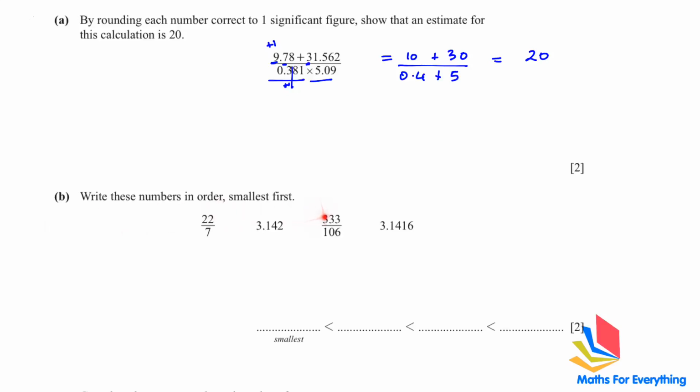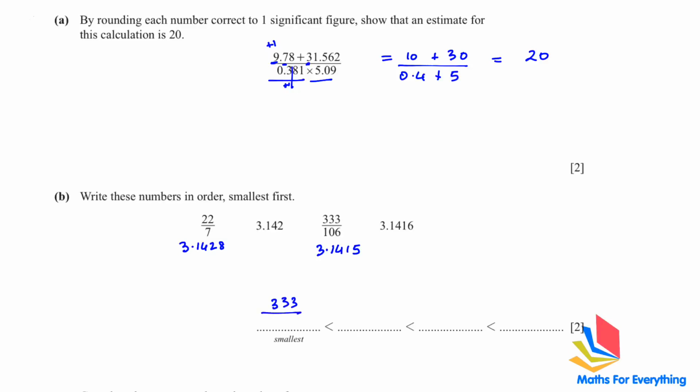Next, write these numbers in order, smallest first. In a question like this, turn everything into a decimal and then compare the decimals. So these are the decimal forms of the fraction, and which is the smallest? This number. So we write that first.